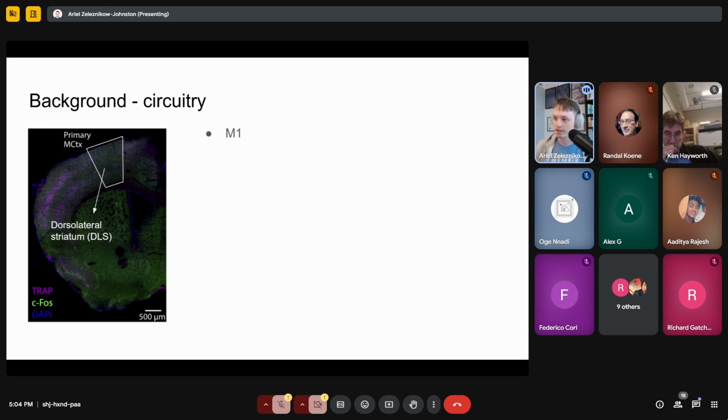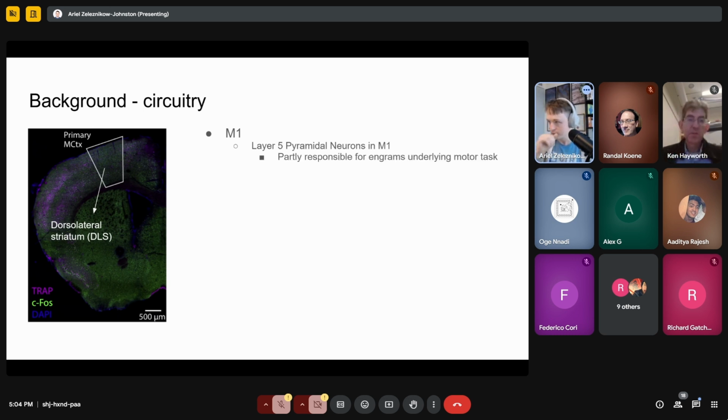So why are we interested in this from a learning and memory perspective? Well, we know from previous work that the layer 5 pyramidal neurons, so the excitatory neurons in M1, are at least partially responsible for engrams underlying motor tasks, like running on the rotarod or on the high beam, or any of the sort of behavioral neuroscience motor tasks we might get rodents to do.